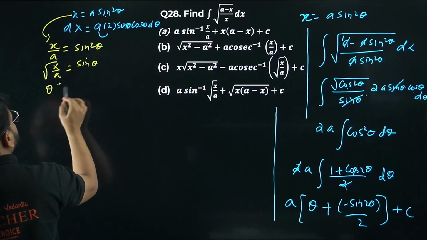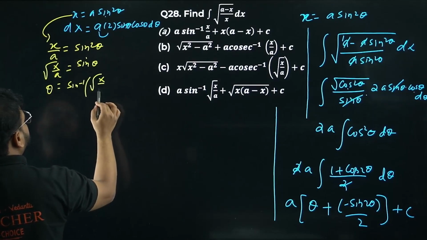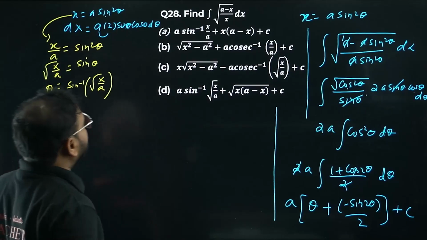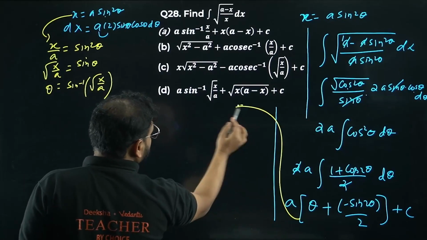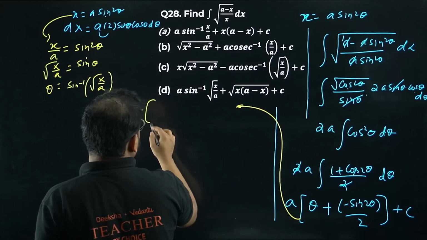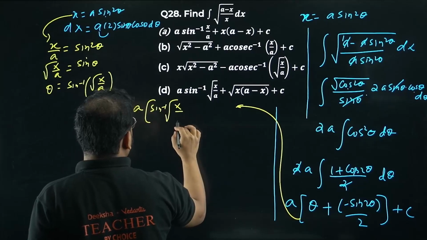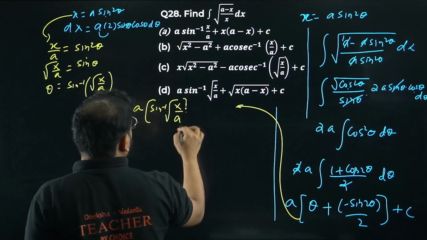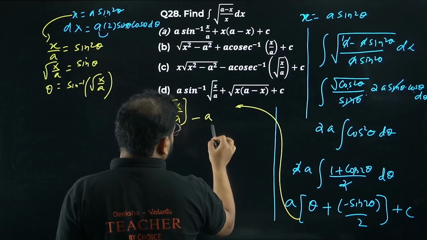So you'll have theta value as sine inverse of root x by a. Okay. So if you simplify this, you'll have this value from here. A is there, of course, and theta will become sine inverse of root x by a. Okay. And then of course you'll multiply this also. So you'll have minus a by 2.